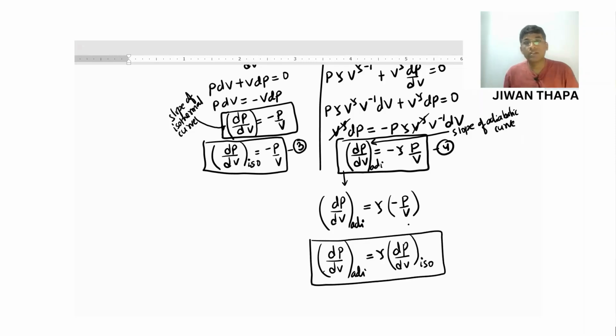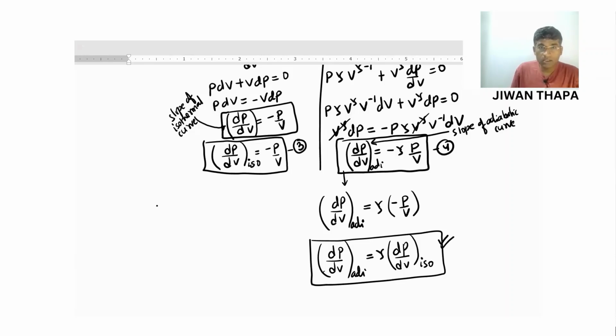So we have this. So finally, we have shown that the slope of adiabatic curve is gamma times the slope of isothermal curve.